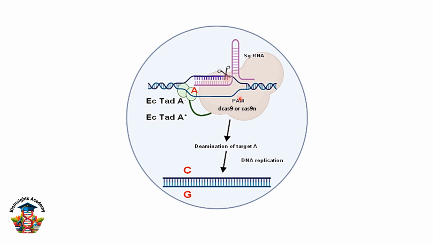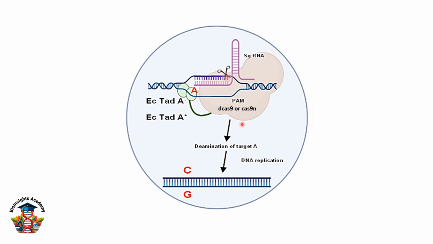And similar to CBEs, the Cas protein used in the ABEs is either a catalytically dead Cas9 or nickase Cas9. This version of Cas9 can bind to the DNA and induce a single strand nick, but again, as in CBEs, does not generate DSBs, or double strand breaks.